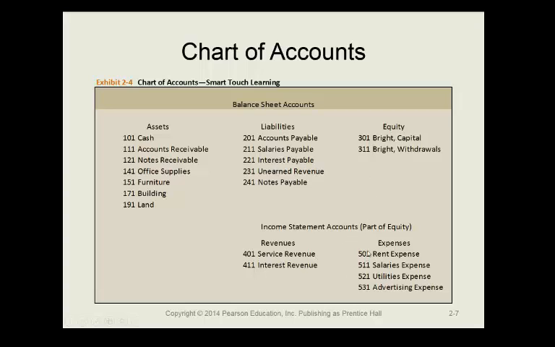So revenues are 4 and expenses are 5. Remember, this is part of equity. You'll see that all the different classifications of our accounts are grouped similarly based on what they are associated with, whether they're assets, liabilities, equity, or revenue items.